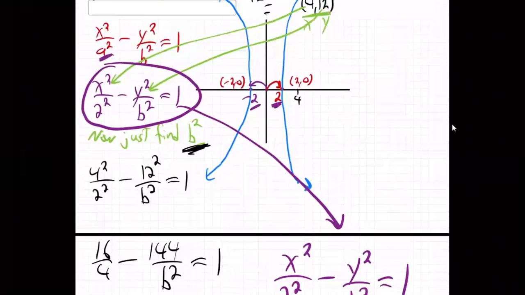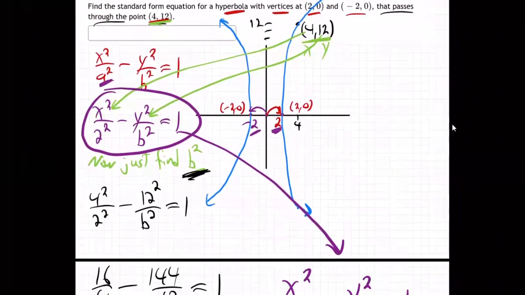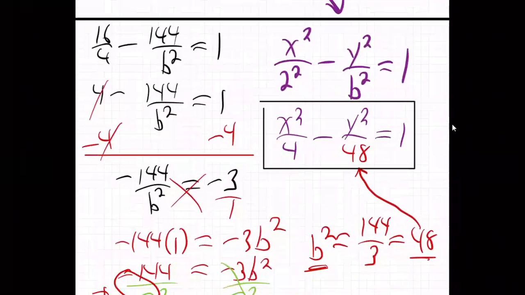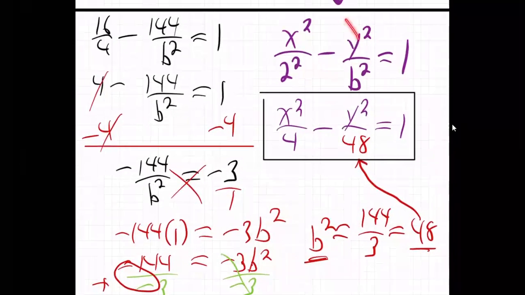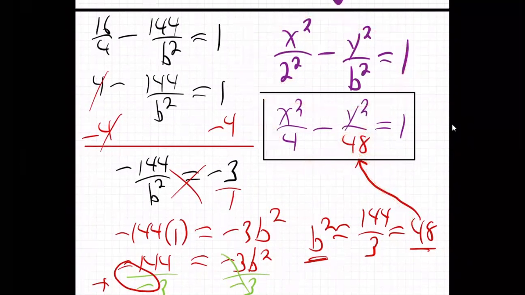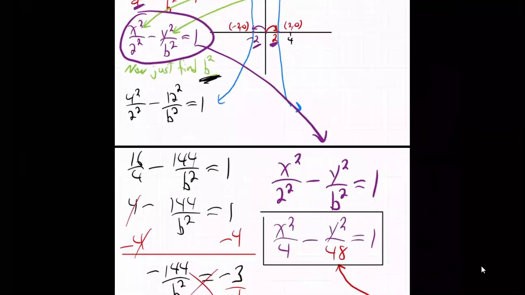So to find b squared, we plugged in the point (4, 12), x is 4, y is 12. And then we just worked it all out, cross multiply, found b squared is 48. And so then we took the equation again and put in b squared right there, and then 2 squared, which is 4 right there. And there's the equation of that hyperbola. There we go.